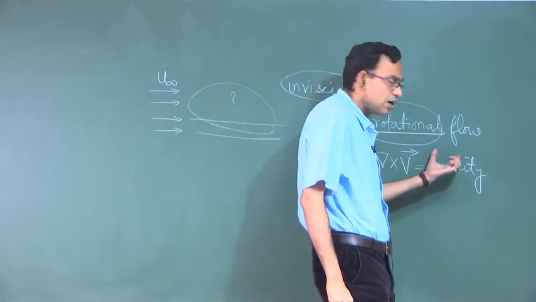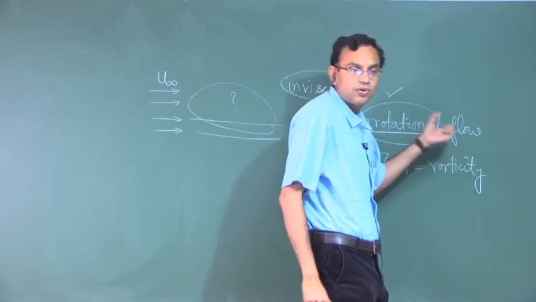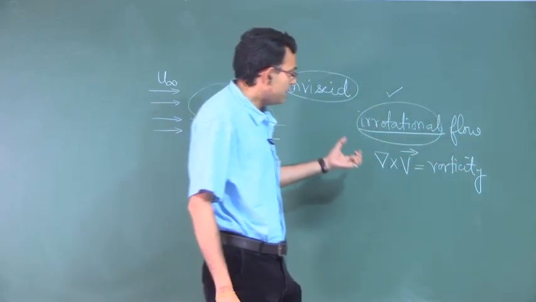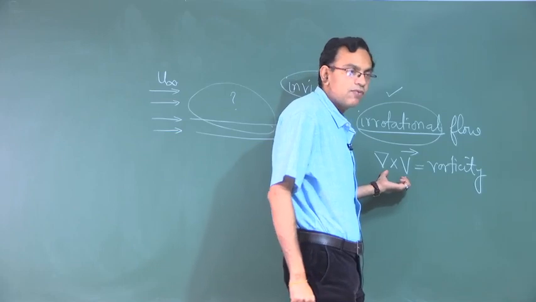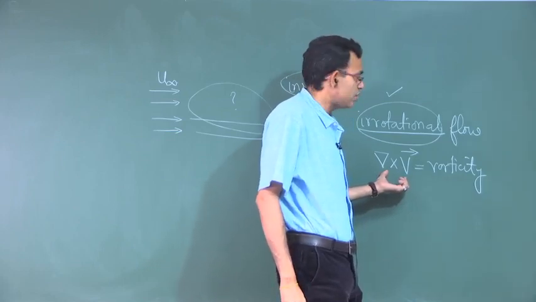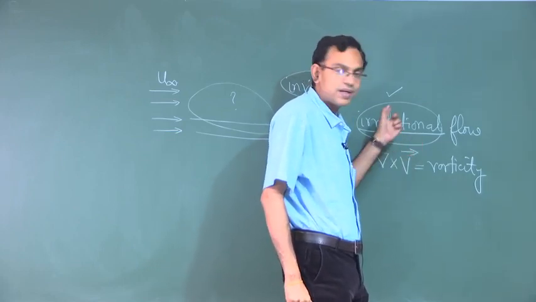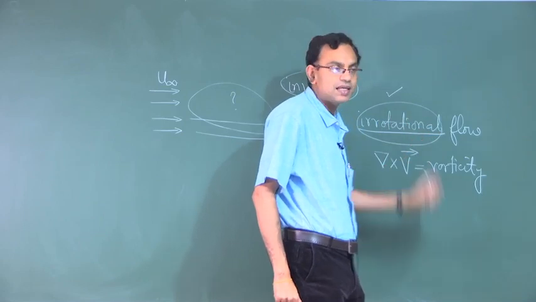This is a measure of the strength of rotation in the flow. If this turns out to be a null vector, that shows that there is no rotationality in the flow, and we call that irrotational flow.